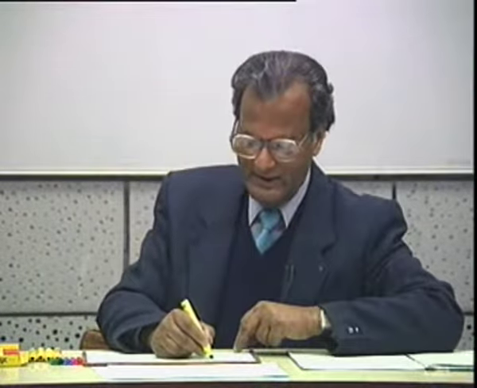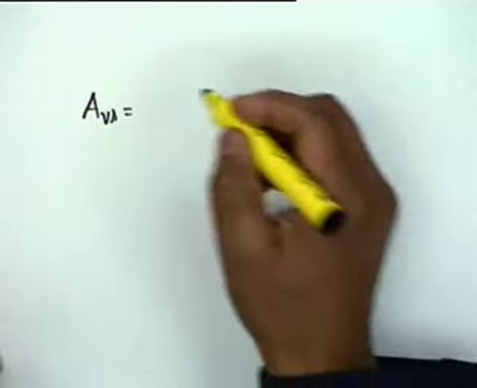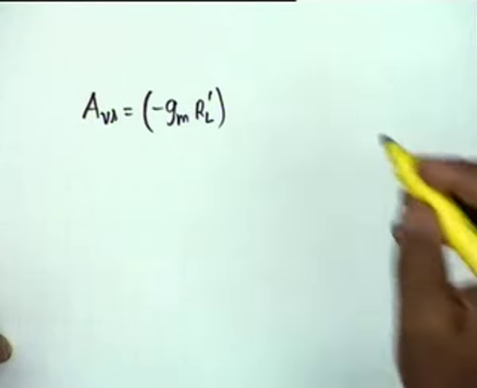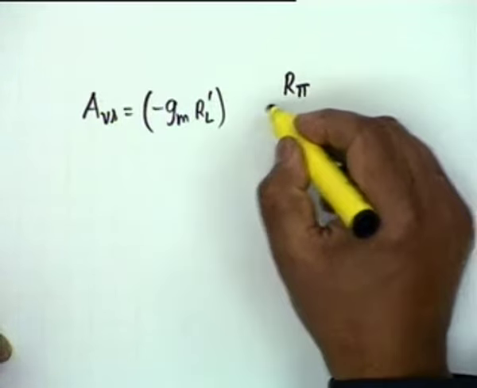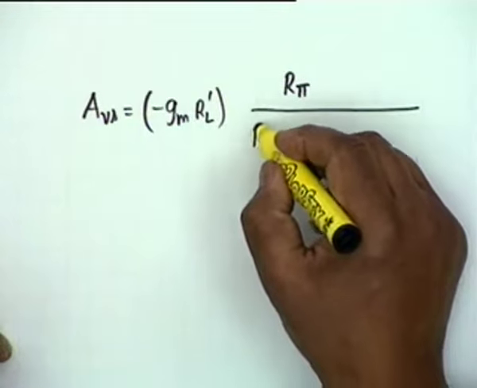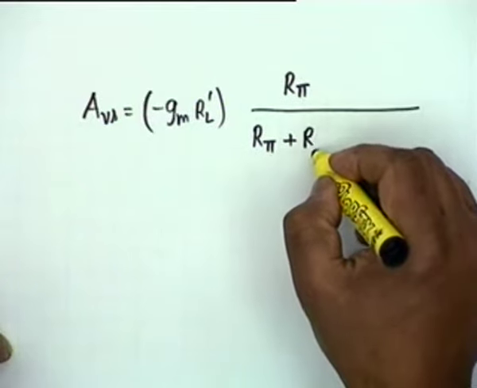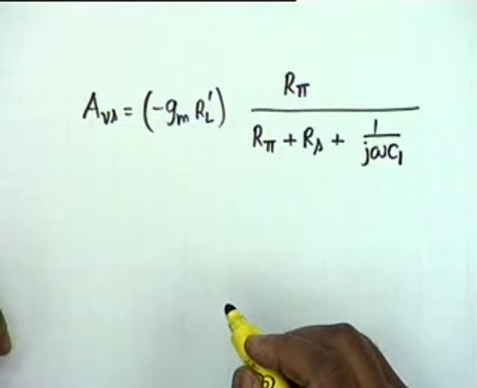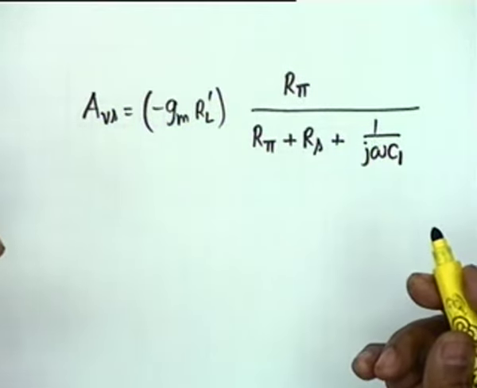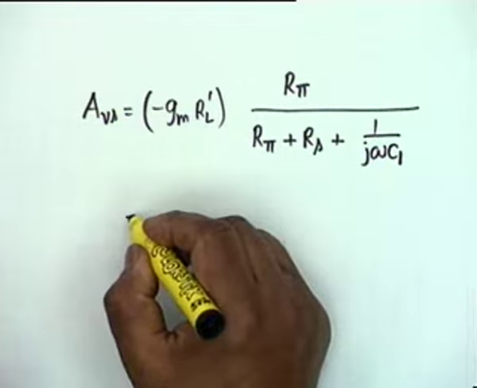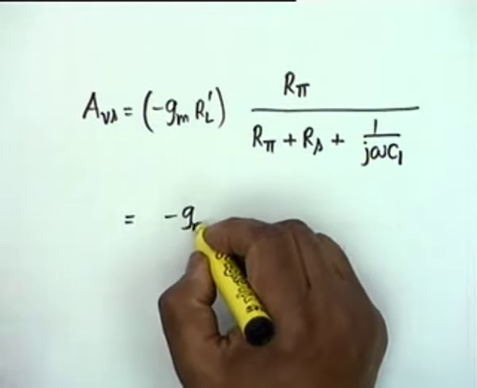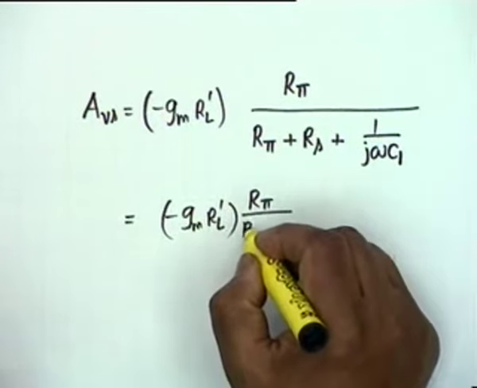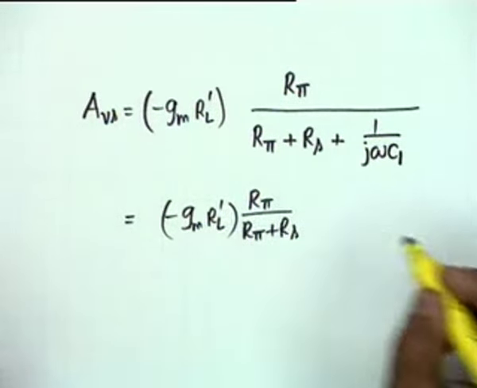Therefore, we can write AVS as equal to minus Gm RL prime, then the potential division I can write as R pi divided by R pi plus Rs plus 1 over j omega C1, agreed?